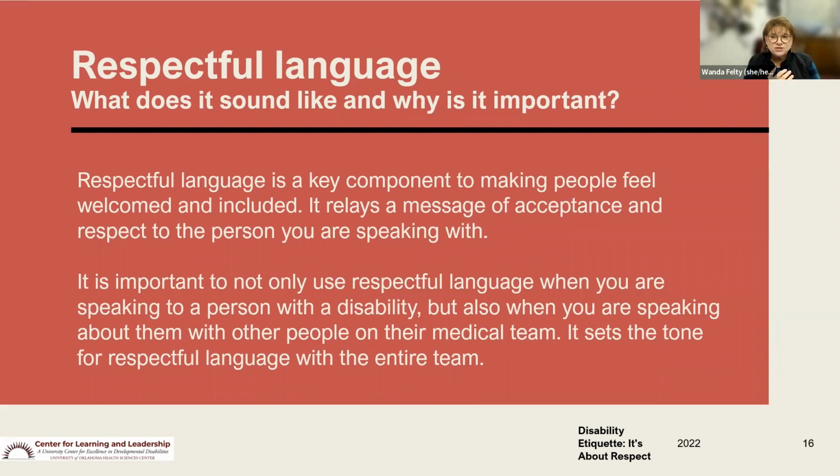I grew up where you identified the person with their disability first. You might say, what would it have been? A special ed student. I remember that being said in elementary.